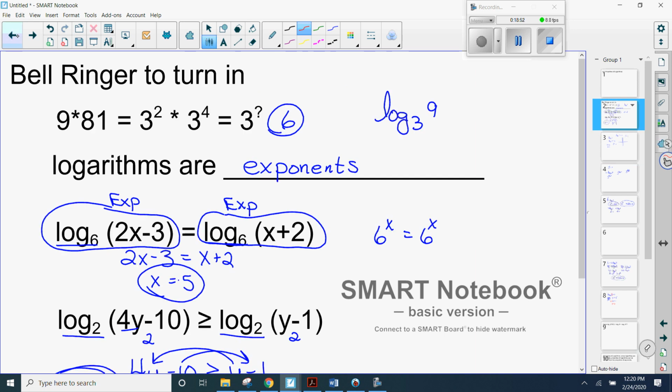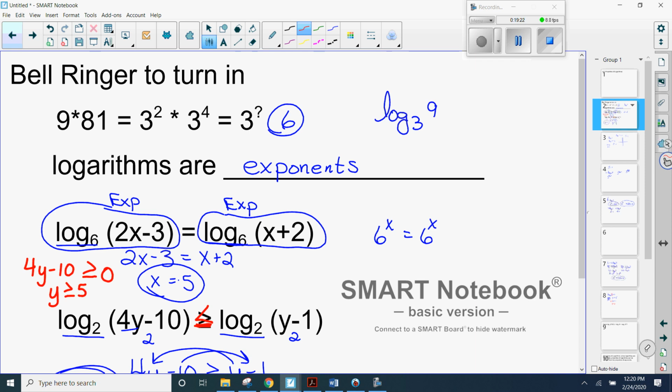For an example, if this one said less than or equal to, then we would have to make sure that 4y minus 10 was greater than or equal to 0. You'd have to check that. And you'd also have to check y minus 1 greater than 0. So we just can't say 0 in this case. In this case, you would say y has to be greater than or equal to add 10.